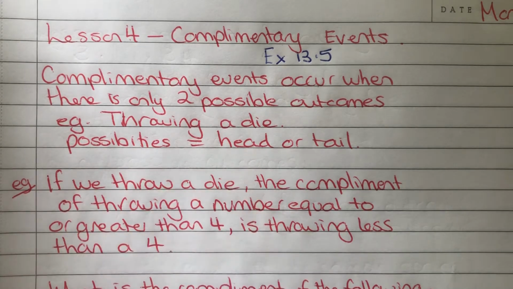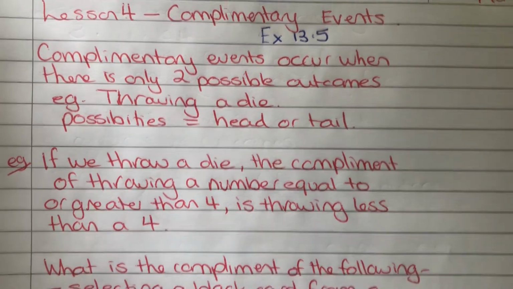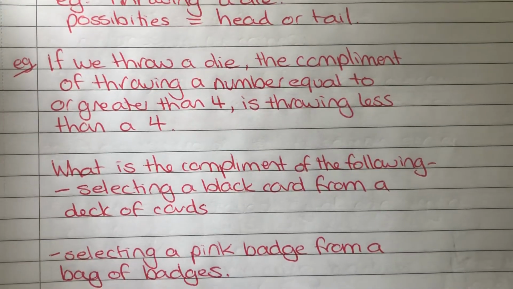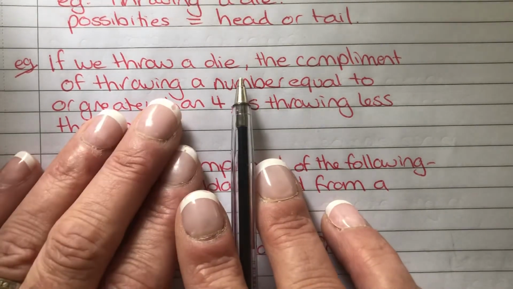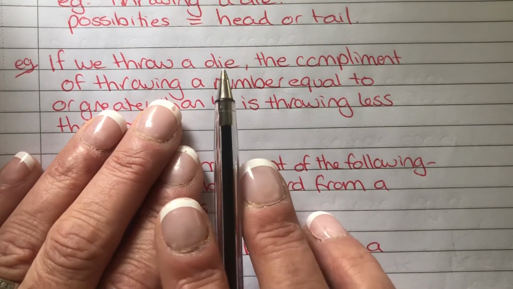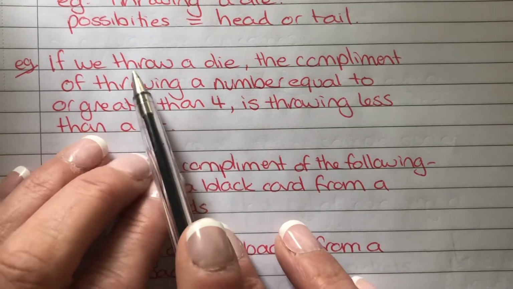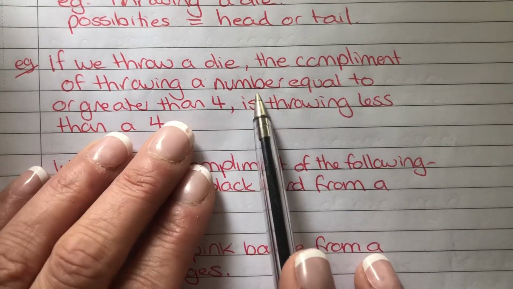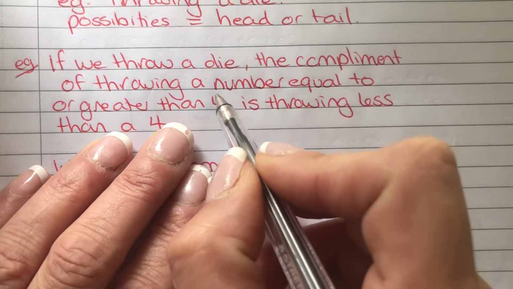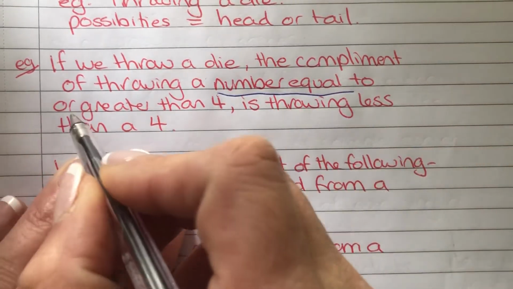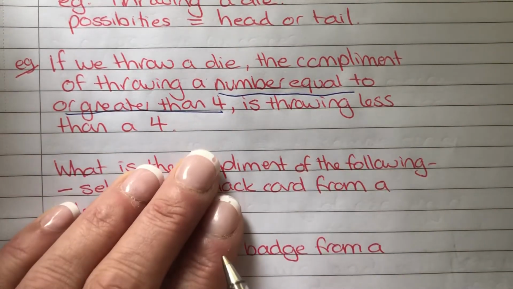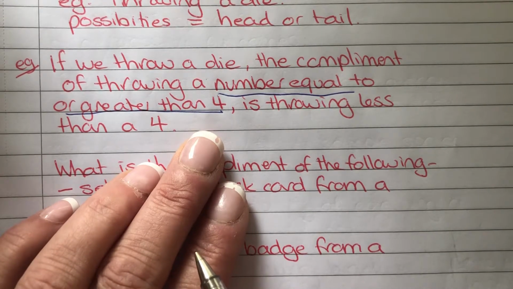Now, you don't need to write these examples. Just have a listen. If we throw a die, but there's a restriction given to it, then there can be a complement. So if we throw a die, the complement of throwing, this is the probability, a number equal to or greater than 4. What's the opposite of a number equal to or greater than 4?